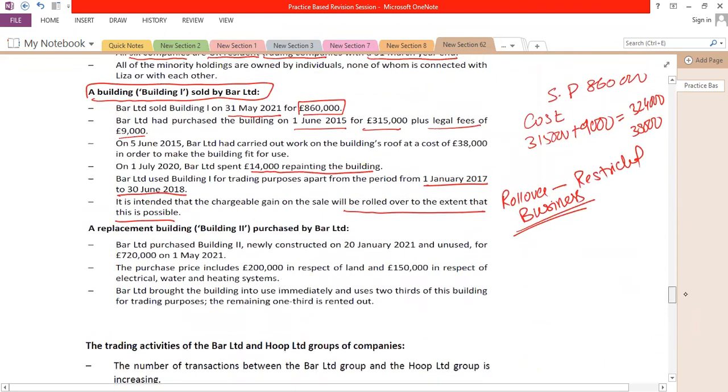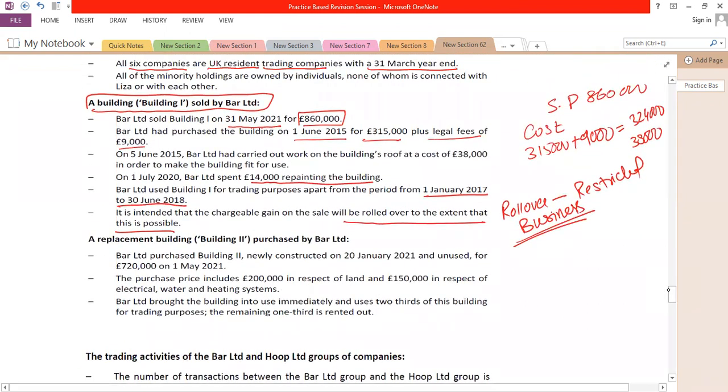And the period of purchase is 1st June 2015 and sale is 31st May 2021. So first of all, let's calculate the total period of ownership, from 1st June 2015 to 31st May 2021.